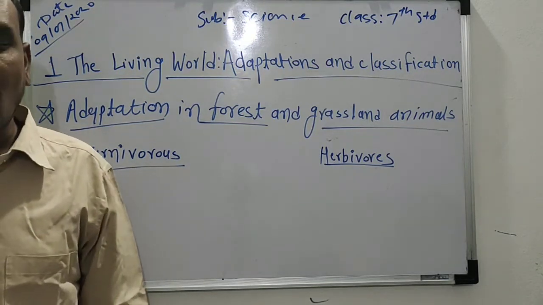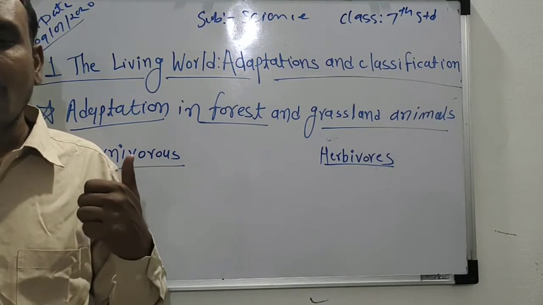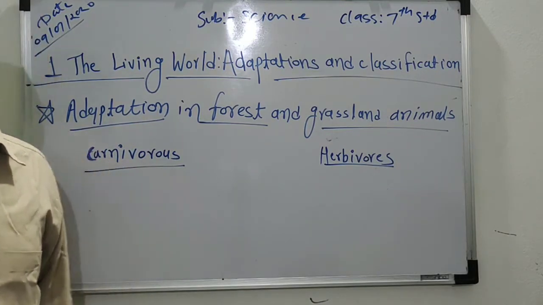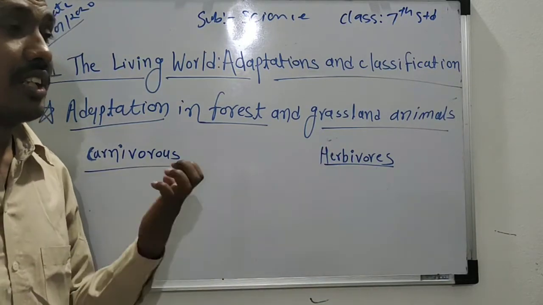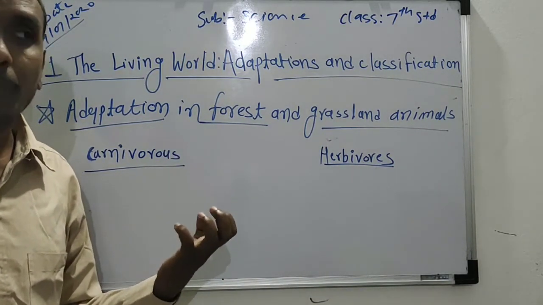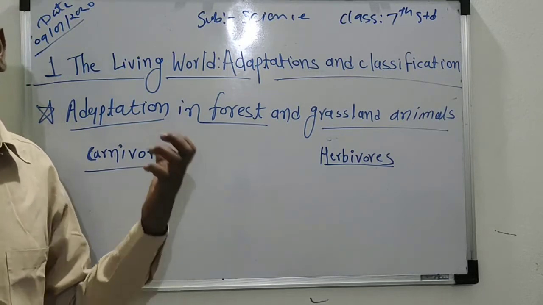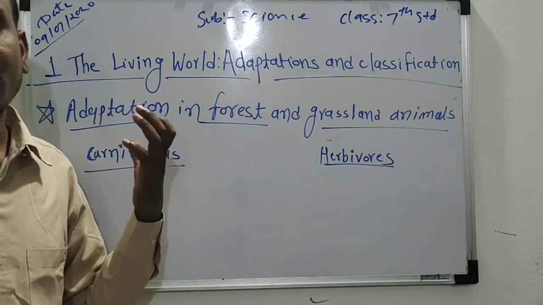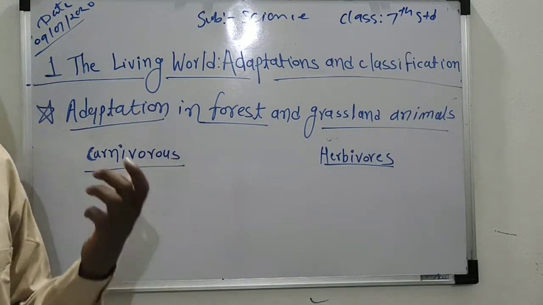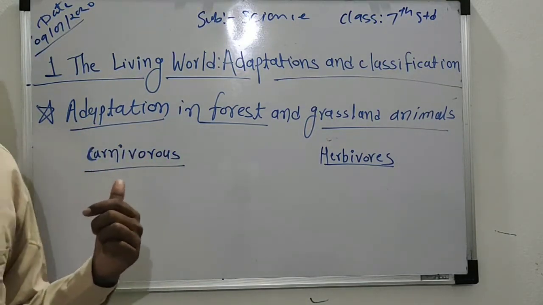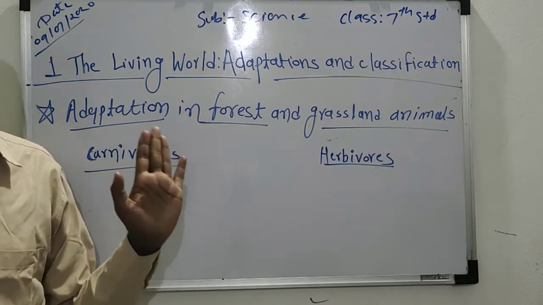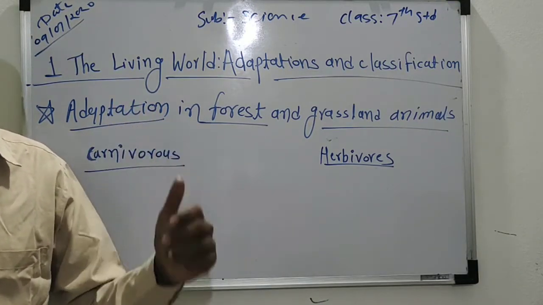Their teeth are strong for chewing plant materials. Next adaptation is that their teeth are very strong. For what purpose are the strong teeth used? They use their teeth for chewing hard and tough plant material. So these are the adaptations in forest and grassland animals.